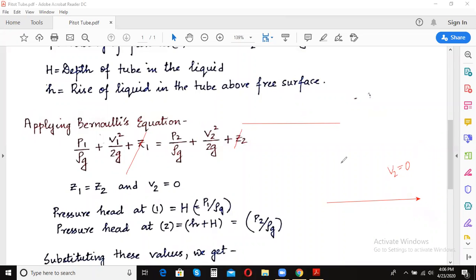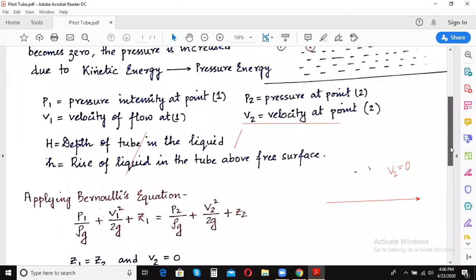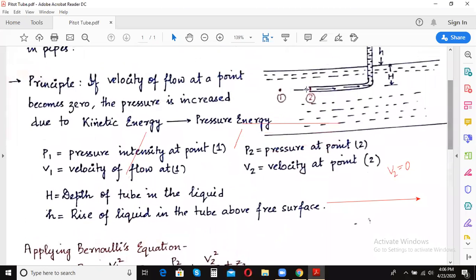Another thing I have already mentioned is that at point 2, at the inlet of the pitot tube, the velocity of the motion becomes 0. So velocity at point 2, V2, is equal to 0, as I've already written here.